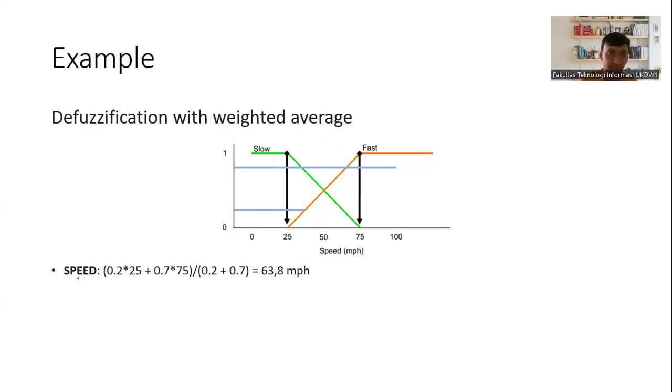For the defuzzification with the weighted average, we can calculate the speed. We have 0.2 times slow and 0.7 times fast. This is the centroid of fast and this is the centroid of slow. The centroid speed for fast is 75 and for slow is 25.